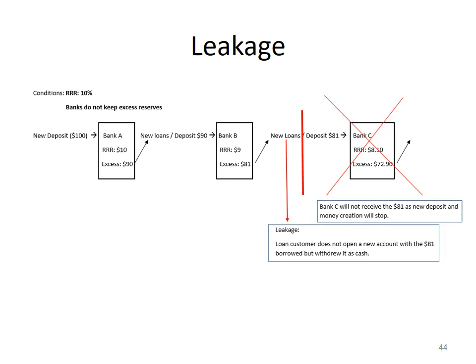But you can imagine that every day there is a lot of lending taking place. Some will have leakages, some will not. The central bank keeps tabs on the overall numbers to see whether the money created fits into the targeted money supply that they have.